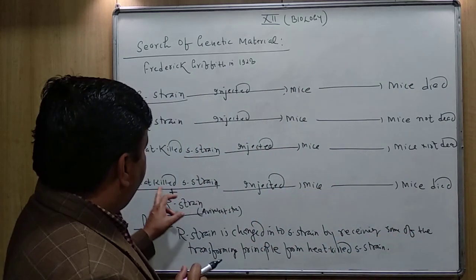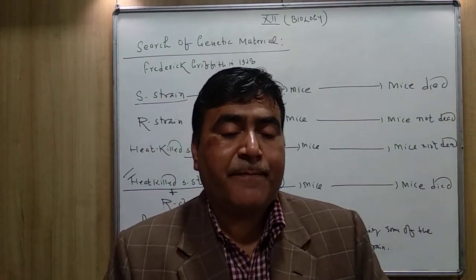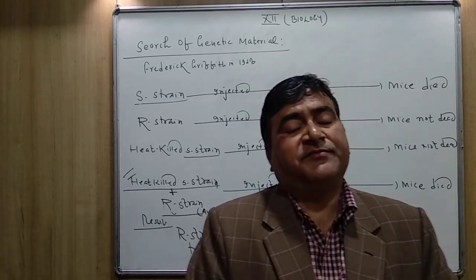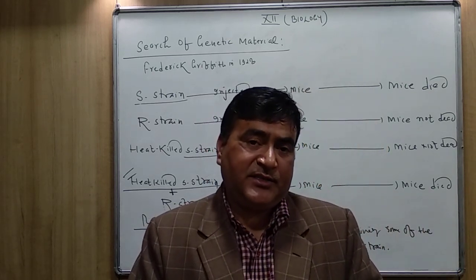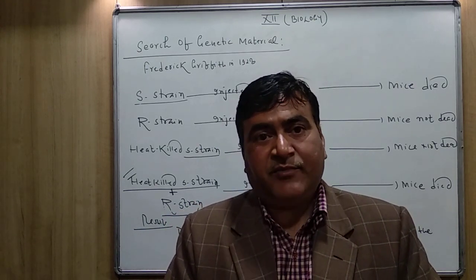Actually, in this step, when the S strain was heated, the bacterium is made up of mainly three components, that is RNA, DNA and proteins.